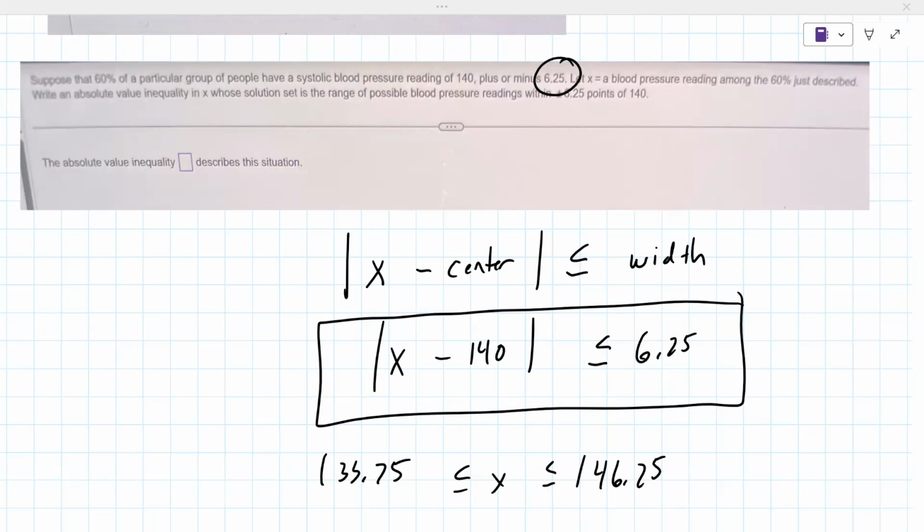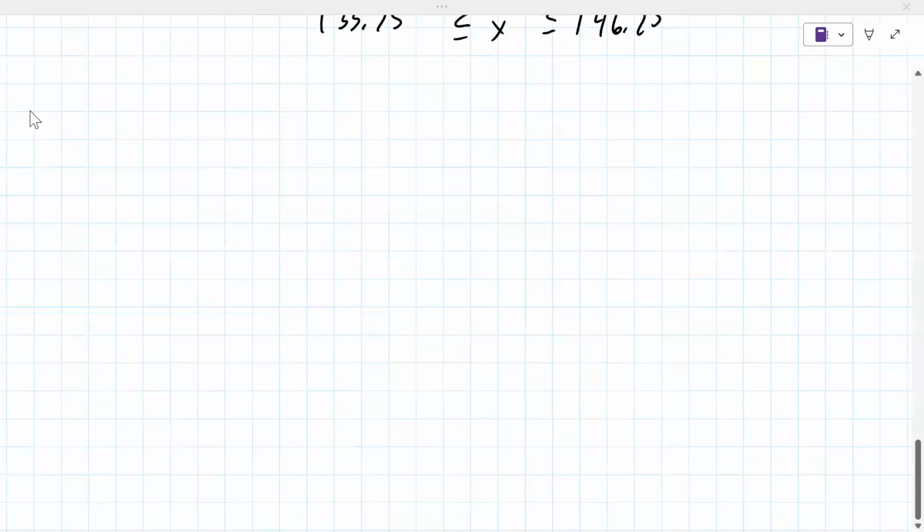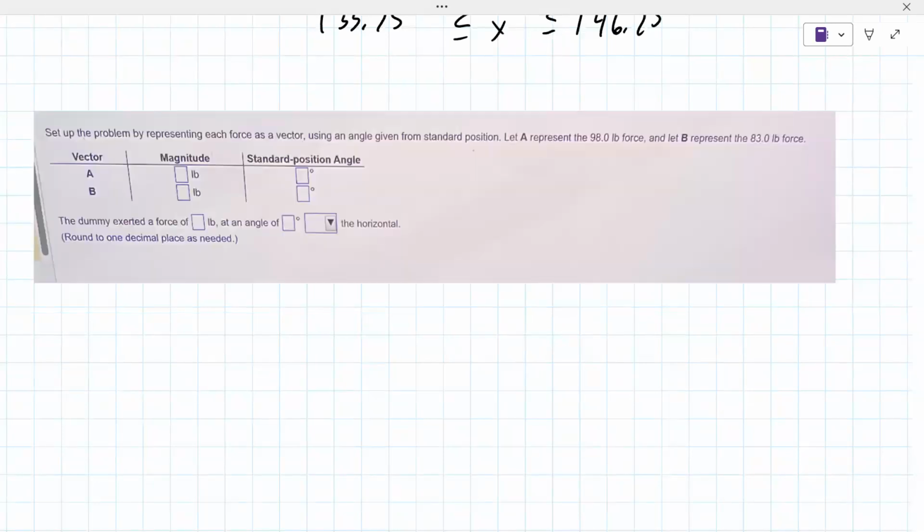Magnitude, standard position, angle. Oh, and the horizontal. I'm gonna snip in the question and then the picture.